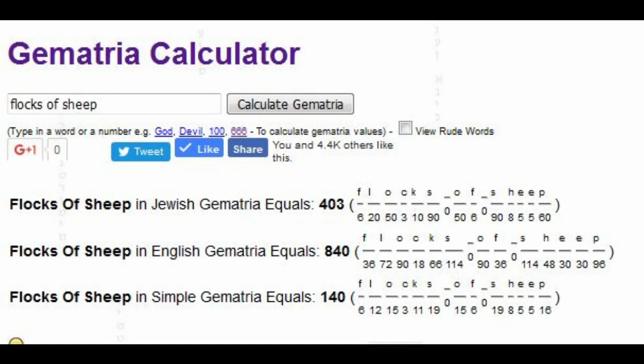So, flocks of sheep. Now, each conversion is assigned a number, as you can see there, like the Jewish gematria conversion, 403, the English gematria equals 840, and the simple equals 140. What we're going to do is convert this into the numbers, which we have already, and then convert it back into either words or simple phrases that match it.